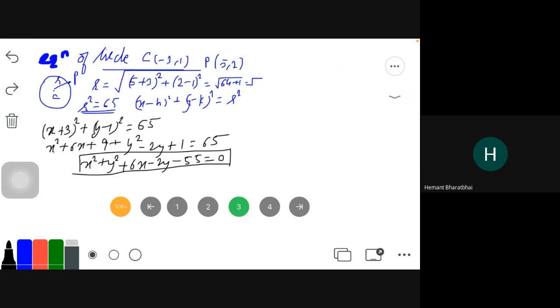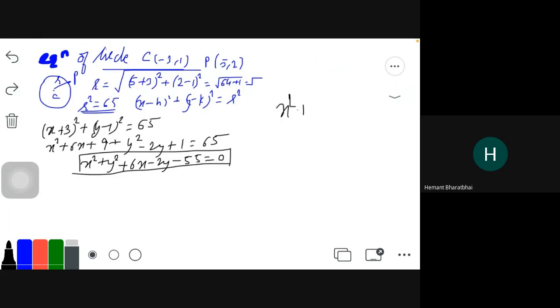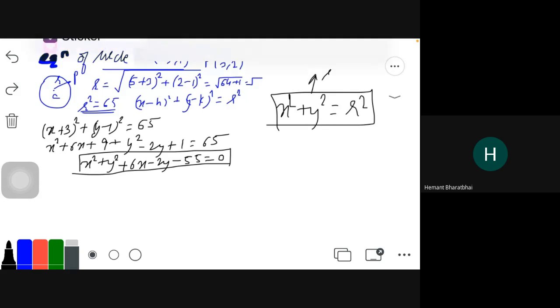If you remember, the standard equation of the circle was something like this: x square plus y square equals r square. This was the standard form. But the equation we have got now is not like this. It is not only x square plus y square equals something. I have a very big equation. So this will be called the general equation of circle.